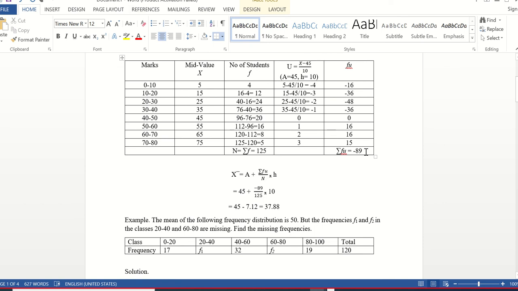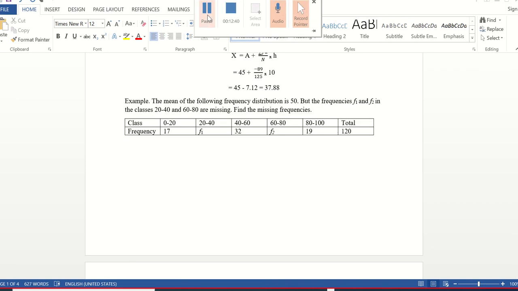N is 125, and h is 10. h is this class interval. So 45 plus minus 89 upon 125 into 10. So 45 minus 7.12, after solving this equation, we get 37.88. So the arithmetic mean for this question is 37.88.